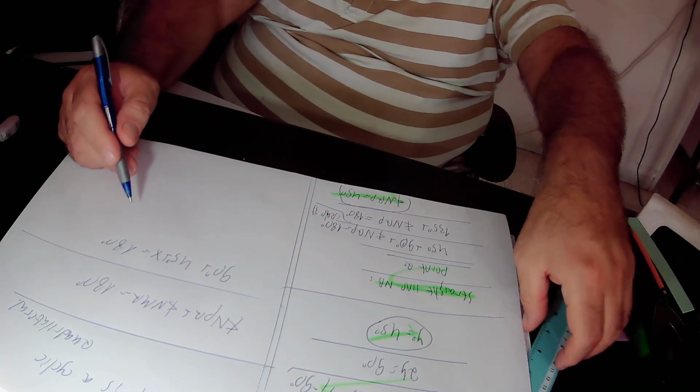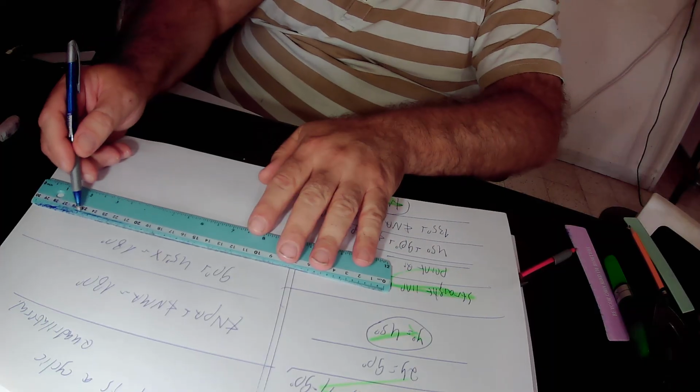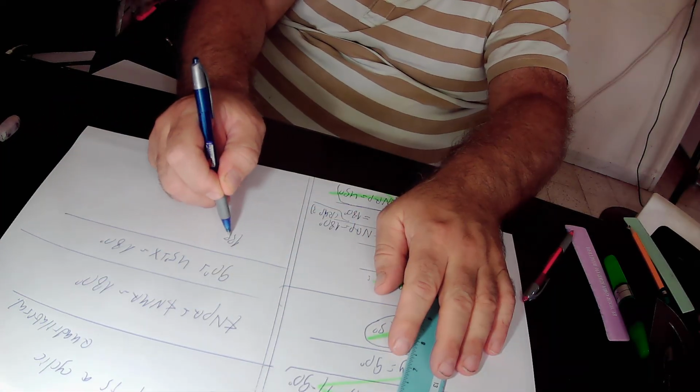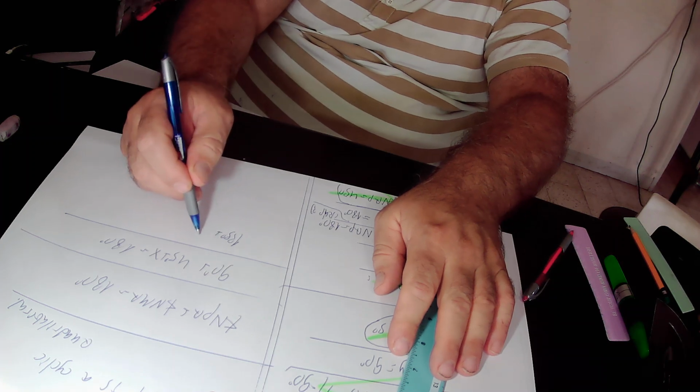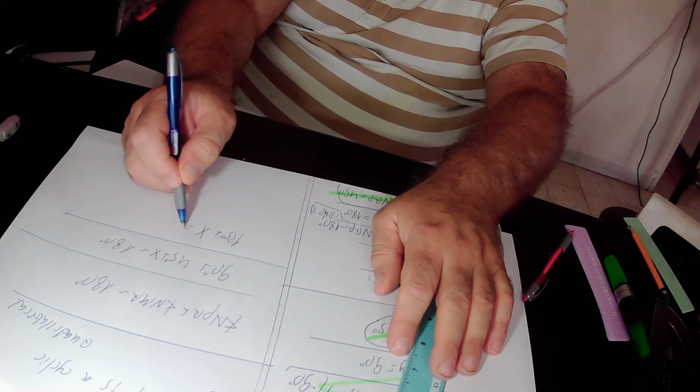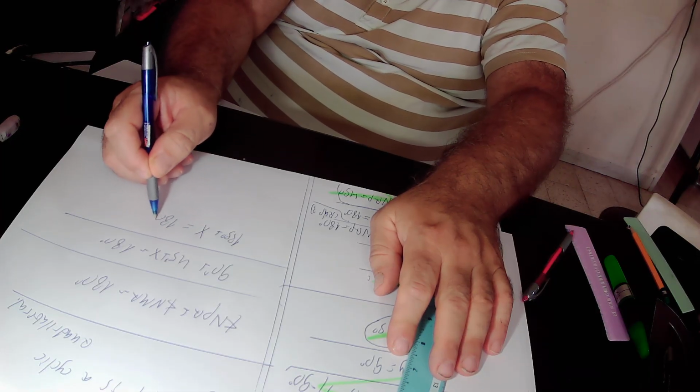So 90 degrees plus 45 degrees is 135 degrees. 135 degrees plus the missing angle x, that is the angle that we are looking for in this question. In total, it must be equal to 180 degrees.